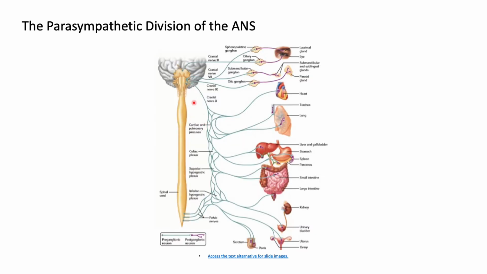On the other hand, the parasympathetic division of the autonomic nervous system arises from brain and from the sacral segment of the spinal cord. And the nerves then go to various parts of the body, which include glands, smooth muscles, and cardiac muscles. So basically, glands, smooth muscles, and cardiac muscles are supplied both by sympathetic and parasympathetic divisions. However, their response is different.